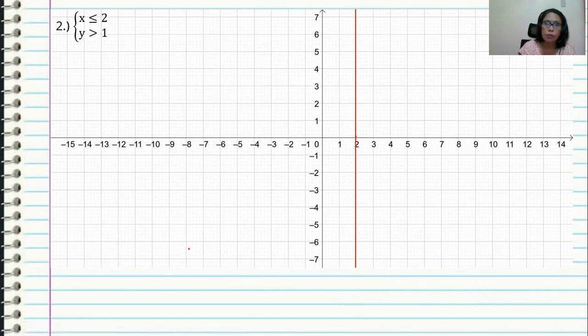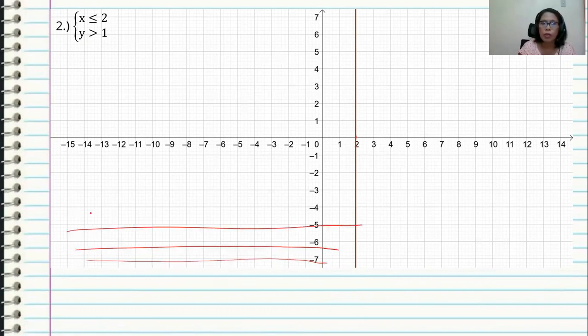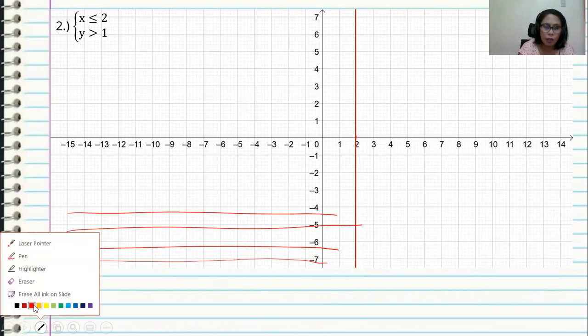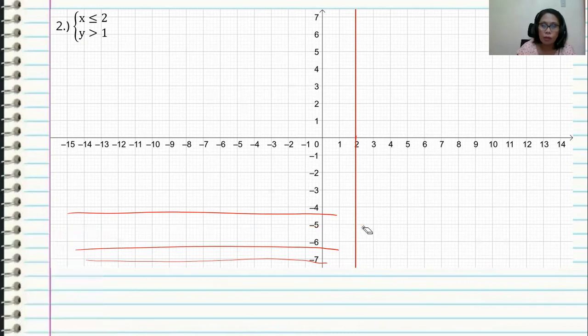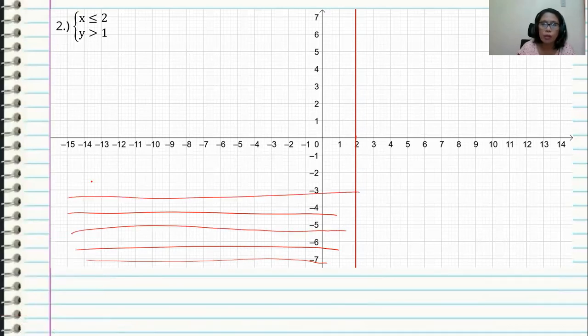So this must be the solution. So it should not exceed the line.